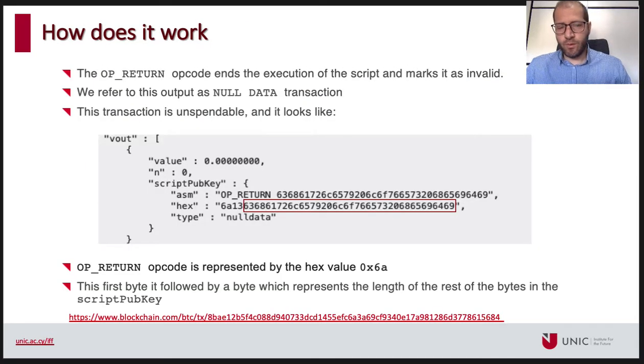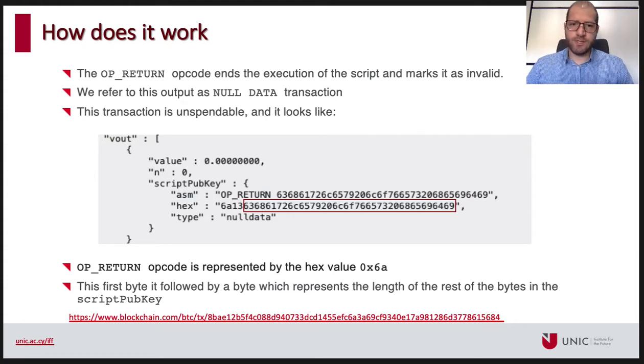So following on that, to understand what the OP_RETURN looks like, we zoom in on a specific transaction. We focus on the list of outputs, and in particular, we observe the OP_RETURN opcode that is represented by a hex value, the hex that starts with 0x6A, followed by the first byte, which represents the length of the rest of the bytes in the scriptPubKey.